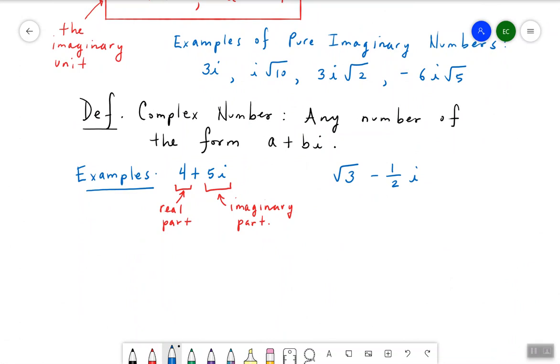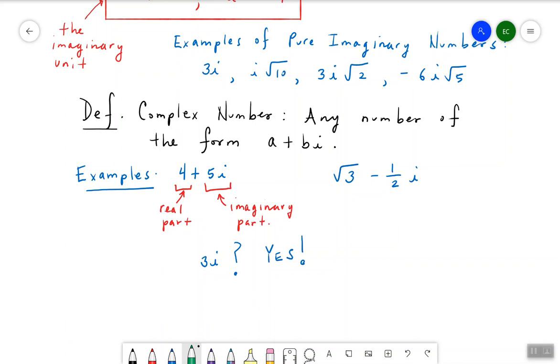What about 3i? Is 3i a complex number? A lot of times students say no, because it's missing the a in front, right? It's got the imaginary part, but not the real part. Well, actually, yes, it is a complex number. And if you think about it, what is the real part?